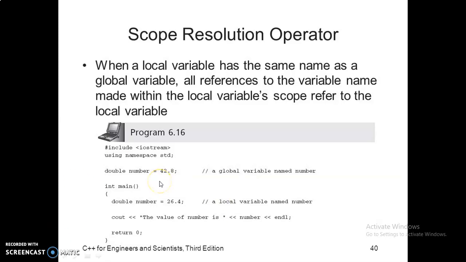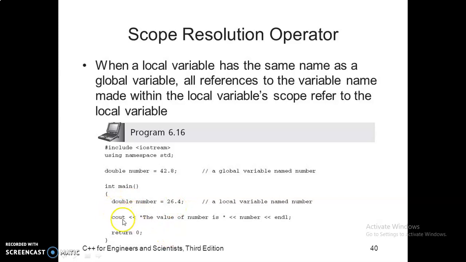Here in this example, the variable number is declared with the data type int. This variable is declared in the global variable section. That means if you declare any variable above the main function, those variables are called global variables. Within the main function, again the same variable name is declared, but the value is different, with the data type double.